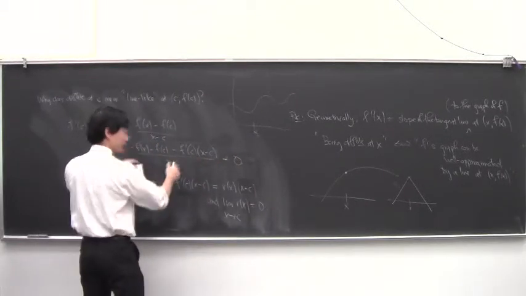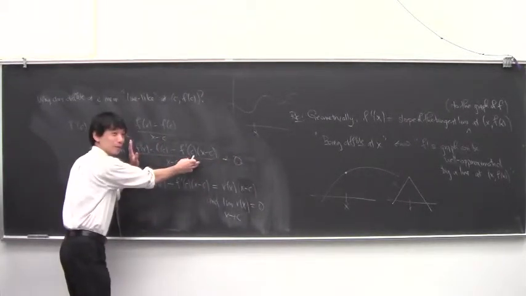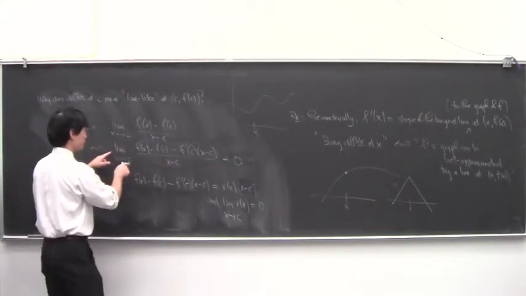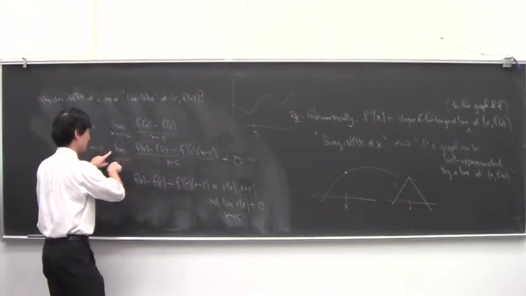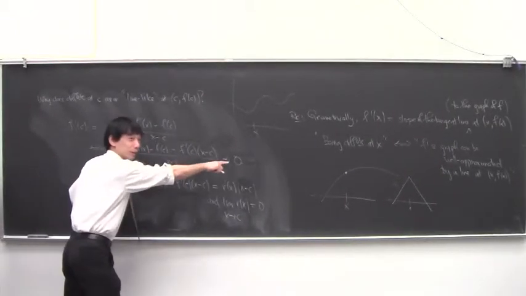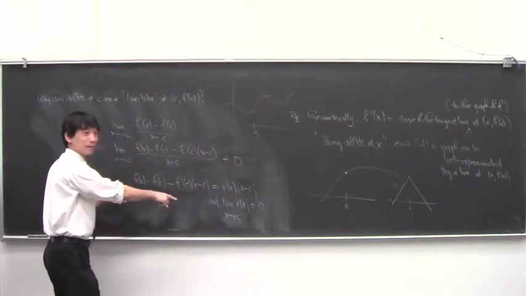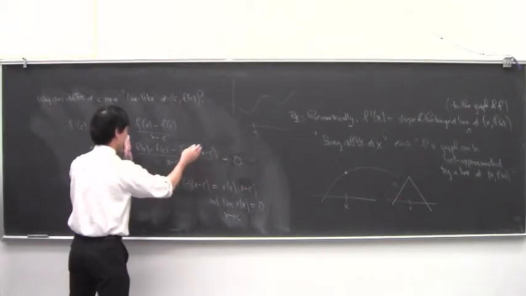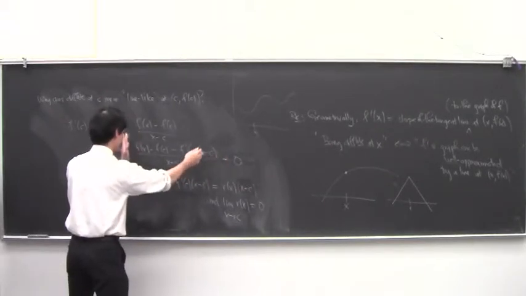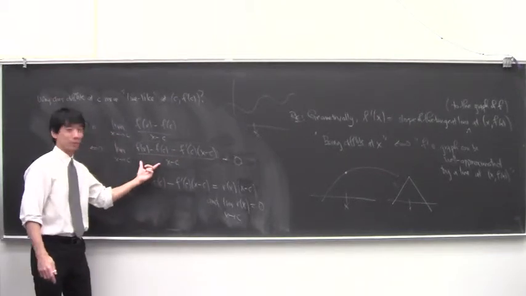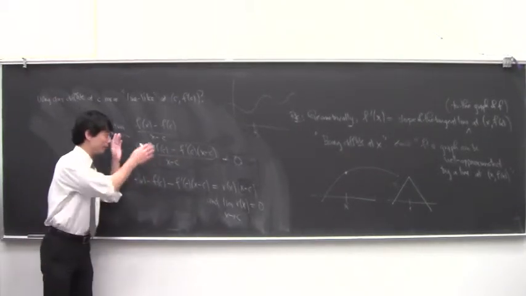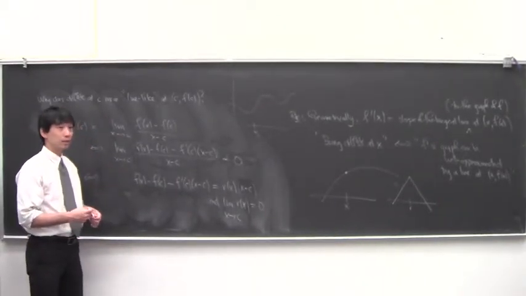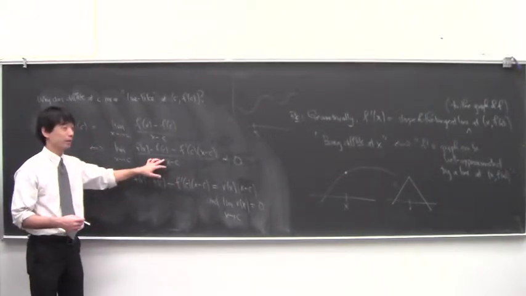I'm just calling this thing r of x, and we know the limit of r of x is 0, because that's what this is saying. So when you took the f prime of c to the other side, that makes that side 0. Yeah. Okay.